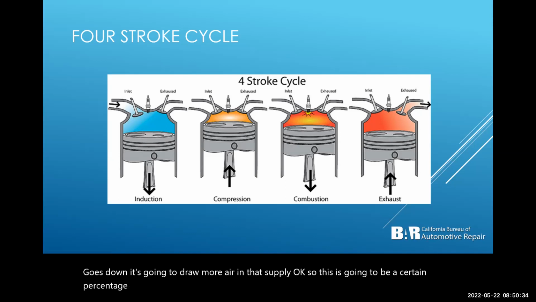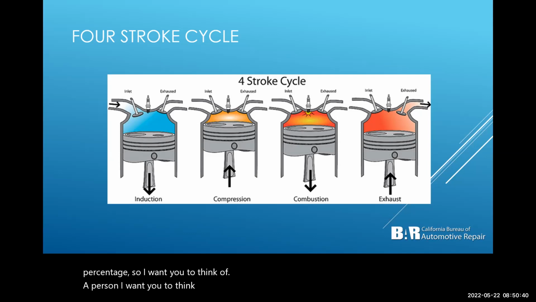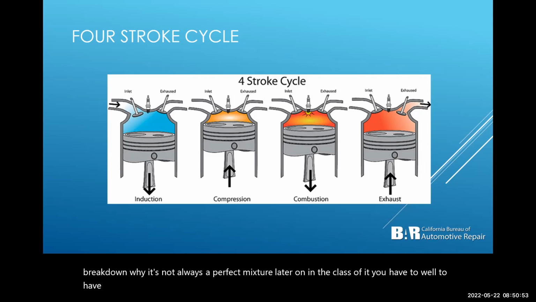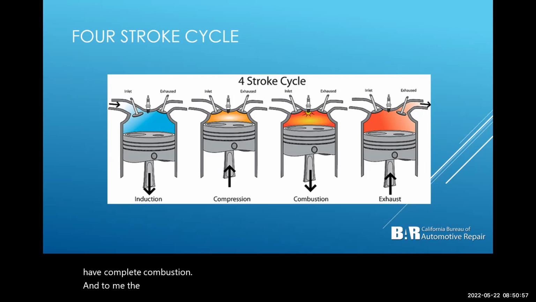I want you to think of a perfect mixture to start off with, because we'll break down why it's not always a perfect mixture later on in the class. To have complete combustion, the optimal mixture in a gasoline motor is 14.7 to 1.